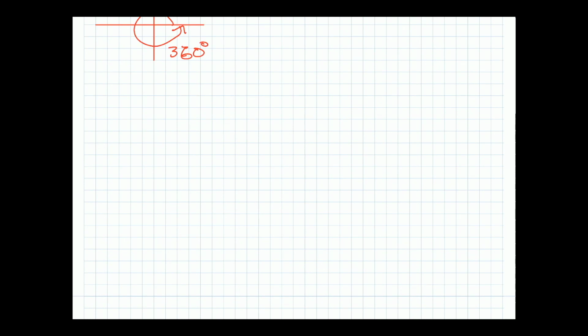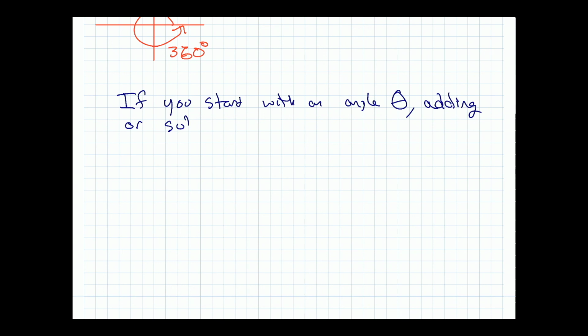If you start with an angle theta, adding or subtracting 360 degrees gives you a coterminal angle.